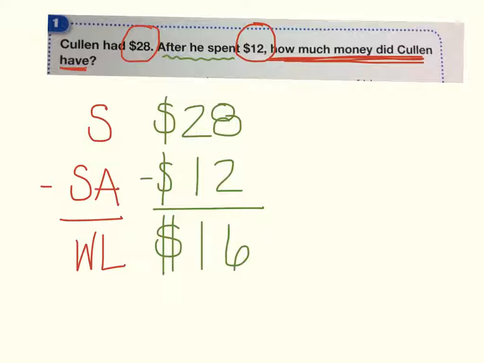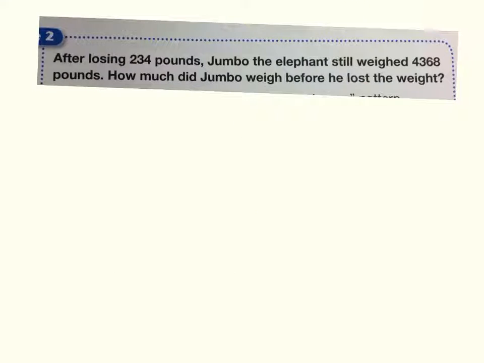Let's take a look at another one. Again, don't write anything down that's up there in a picture. Remember, we're going to have a sum, some went away, and what is left.